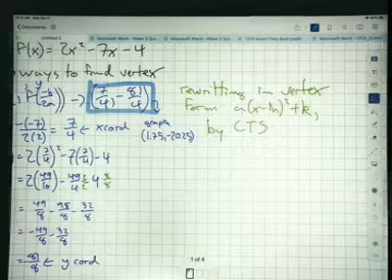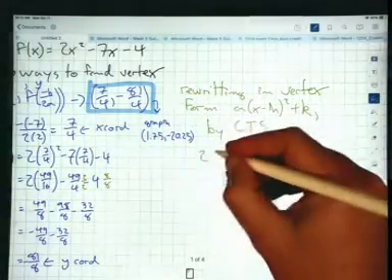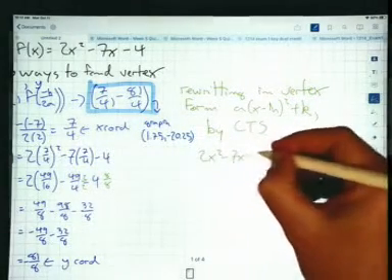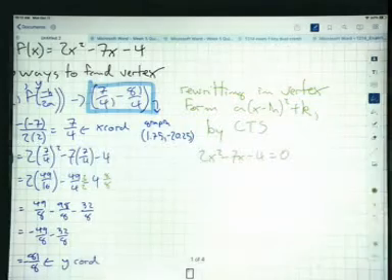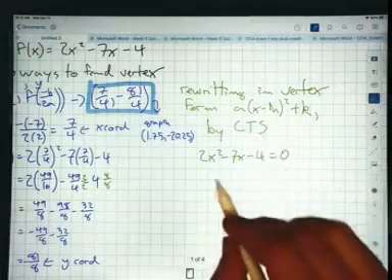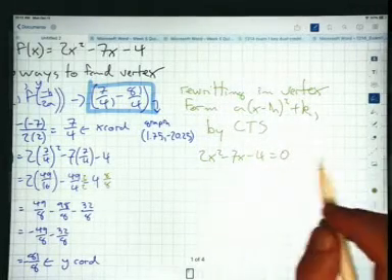Okay, so let's begin. This is what I want to show you. We start off with our equation, 2x squared minus 7x minus 4, and we're going to set it equal to 0. Now, to complete the square, there's two things that you could do.